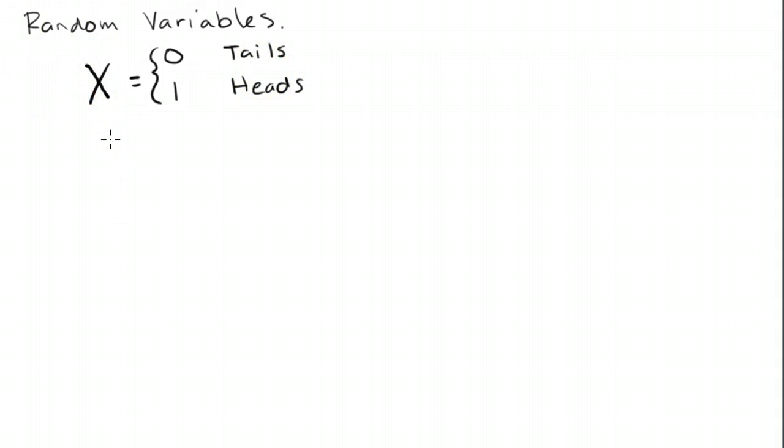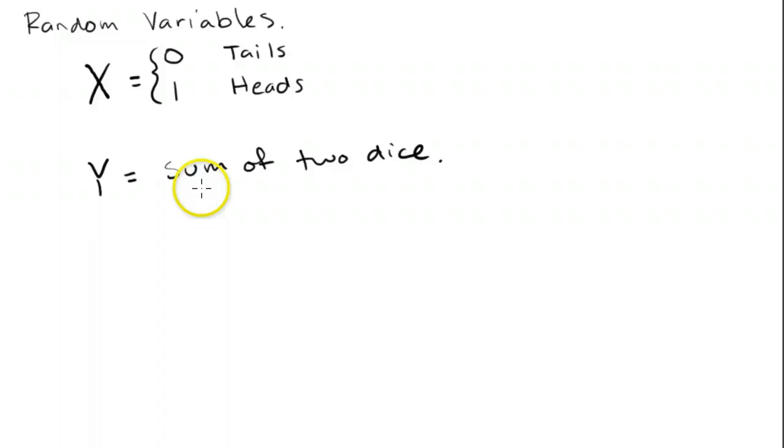Another example of some kind of random variable might be something like rolling a die. And let's say we roll 2 dice, right? Where y could be determined by the sum of 2 dice. Right, the sum of the values of 2 dice that we roll. So what are the possible values of this y that I can take on?